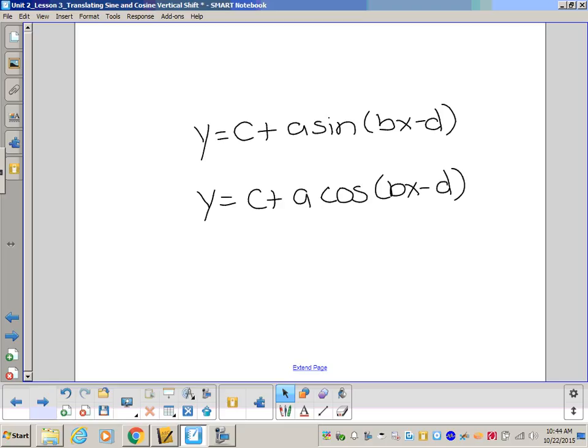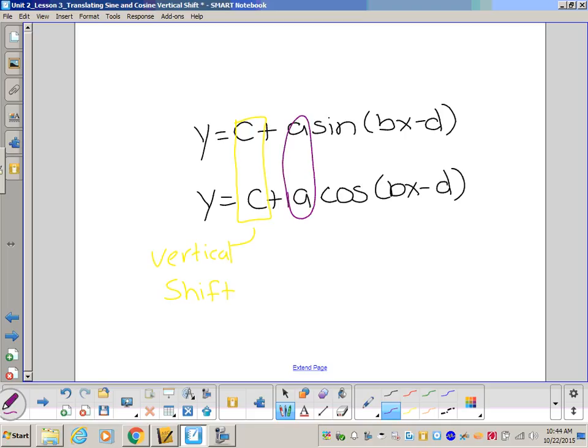So there's the form when we add in the vertical shift. So C represents a vertical shift. A is still our amplitude. B still helps us find the period.